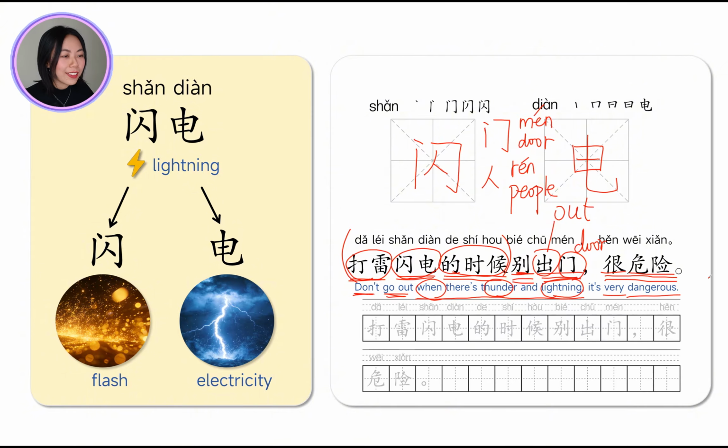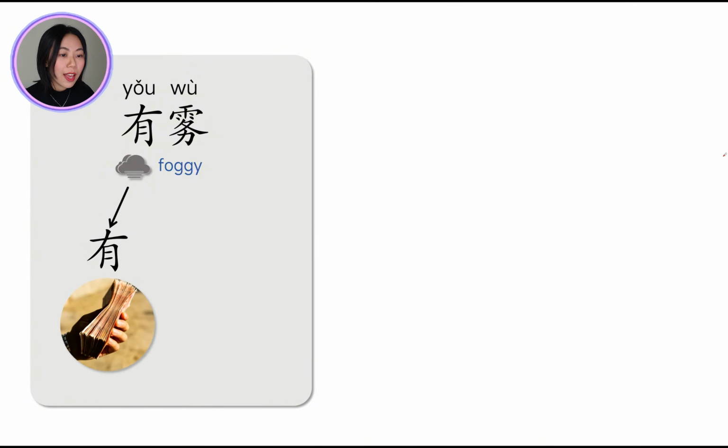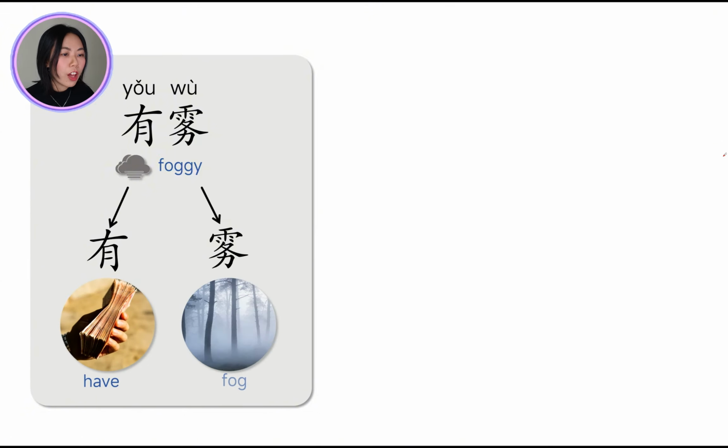打雷闪电的时候别出门很危险。下一个，有雾. 有雾 means foggy. 有 means have. 雾 is fog.